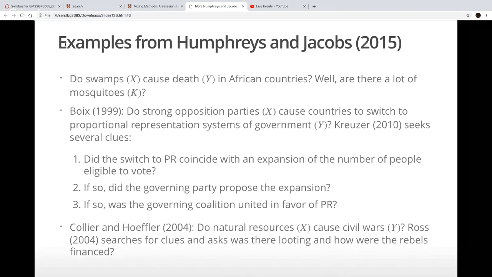Someone named Ross did a more qualitative reanalysis of the original Collier and Hoeffler paper, maybe an earlier one or something like that, searching for clues and asking, well, in these situations where there were civil wars or not, was there looting as part of the conflict?